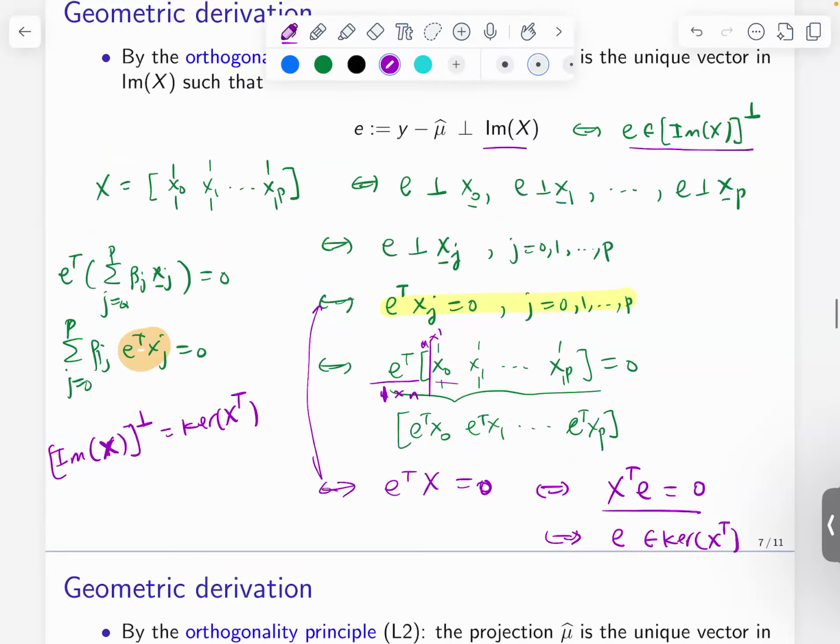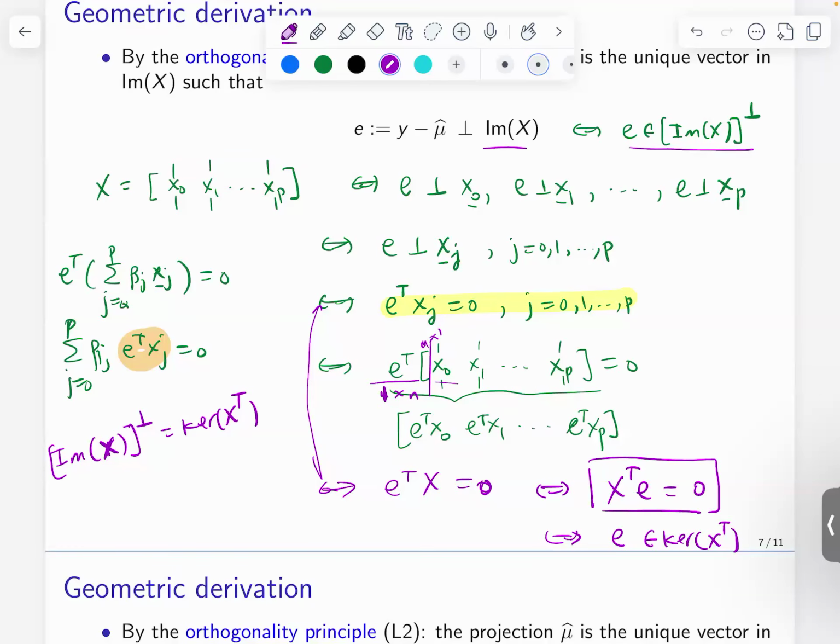You can see it's not something very fancy. It's just the fact that E has to be orthogonal to every vector in the image; we write it down in matrix form, take a transpose, and get the kernel by definition. The kernel of X transpose is the set of all vectors that are annihilated, or mapped to zero. It's exactly what we got for E. So we proved this general fact that the image of X perp is the kernel of X transpose, and also this nice identity.